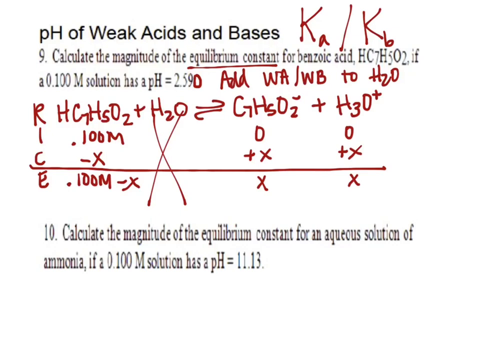Next, write your equilibrium expression. This is an acid, so Ka is going to be C7H5O2 minus times the concentration of H3O plus over HC7H5O2.